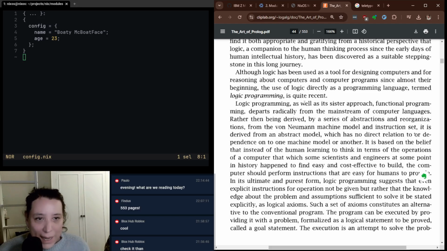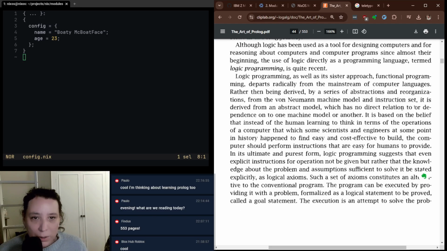Logic programming, as well as its sister approach, functional programming, departs radically from the mainstream of computer languages. Rather than being derived by a series of abstractions and reorganizations from the von Neumann machine model and instruction set, it is derived from an abstract model which has no direct relation to or dependence on one machine model or another.